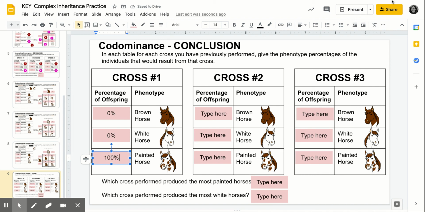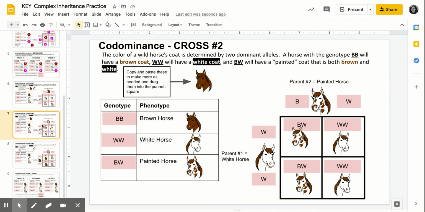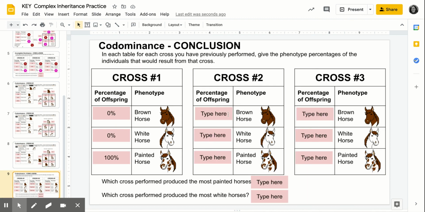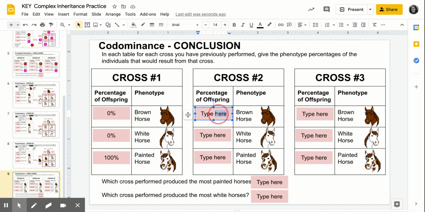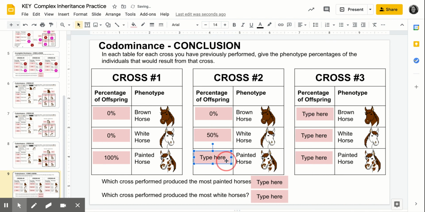We're trying to figure out what percentage we have brown, what percentage we have white, what percentage we have of the painted horse. So in cross number two, we have 50% painted, 50% white, 0% brown. We have 50% white, and we have 50% painted.